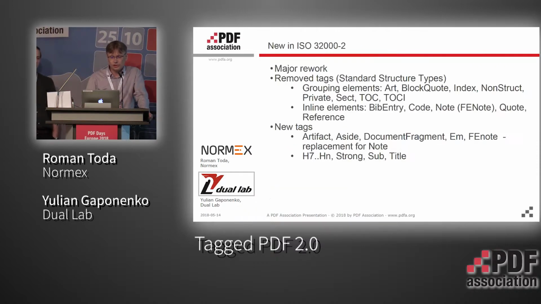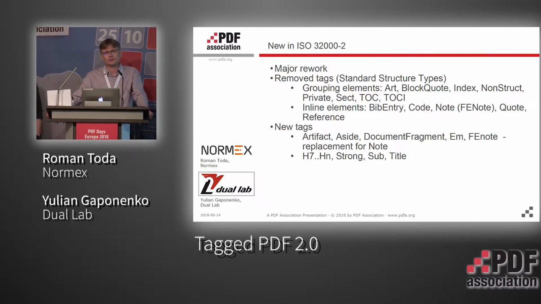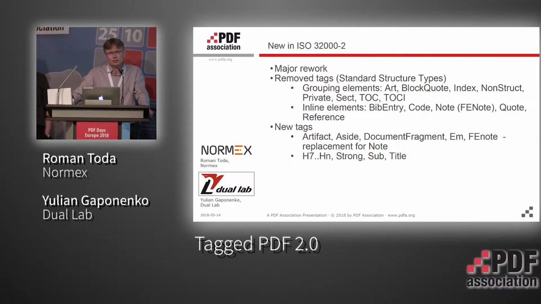So, what has changed? As Boris said, the major rework has been done in all the chapters around tagging and tagged PDF. If you compare just the size of the text in 1.7 and in 2.0 in the standards, we see an increase of about 30% in the text. So just the length of the text speaks for itself.